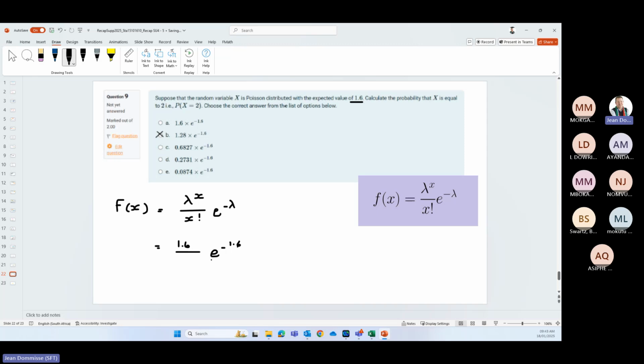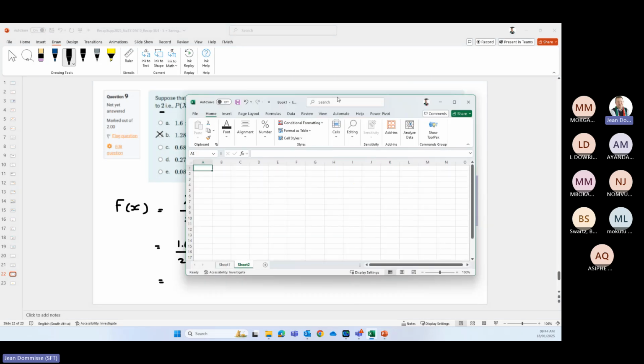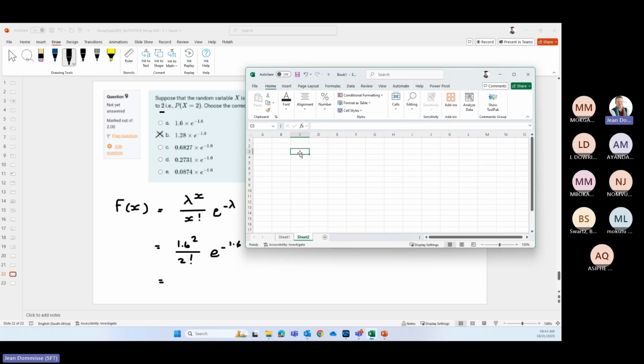The first thing I normally look at is if this e to the power of minus 1.6 is correct for all of them. Unfortunately it is, so I can't eliminate any of them yet. Then it says calculate the probability that X is equal to 2. And so now we have this component that comes in. So now we need to go to your calculator. I don't have one, so I'm just quickly going to try to do this on Excel.